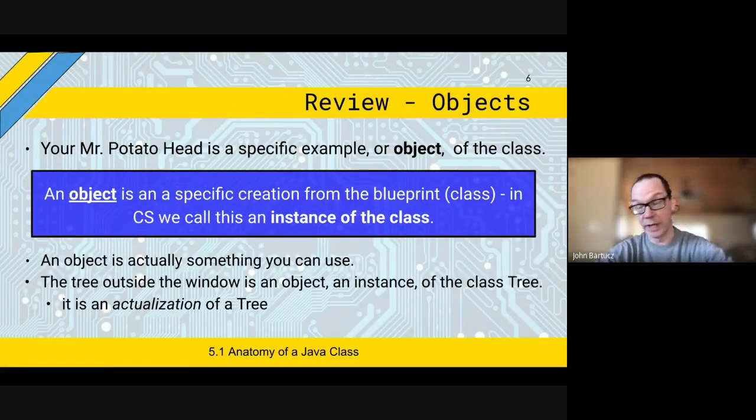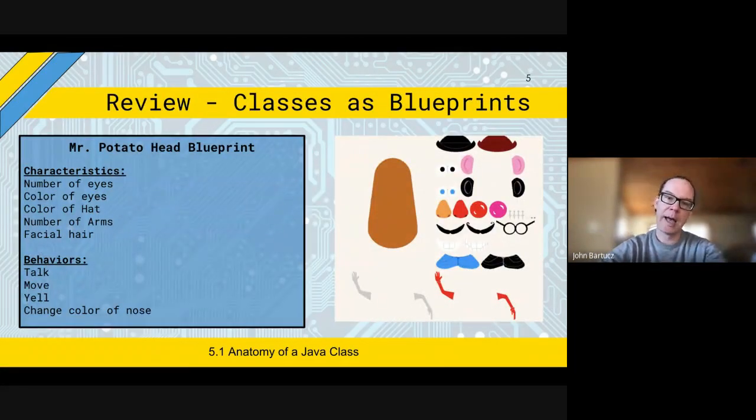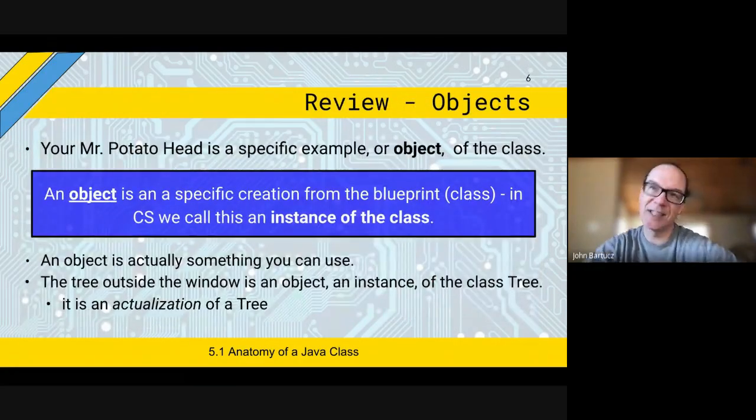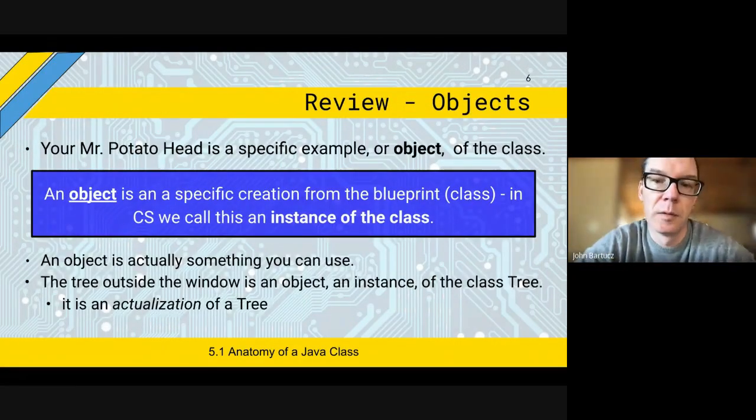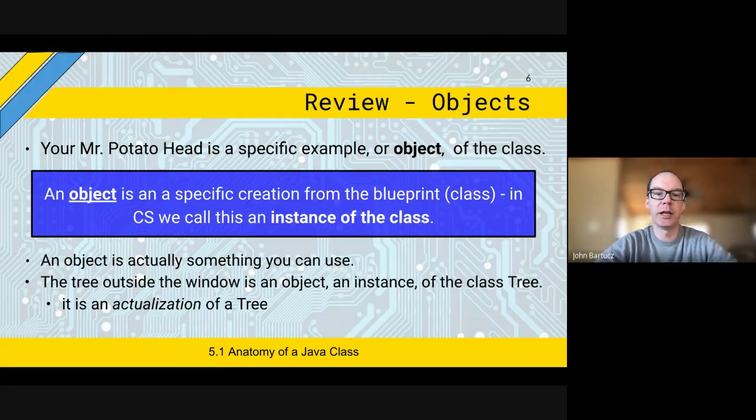So in order to create a specific Mr. Potato Head object, you have to look at the blueprint and then fill it in with your specific properties for your specific object. That's called creating an instance of an object or instantiating it.